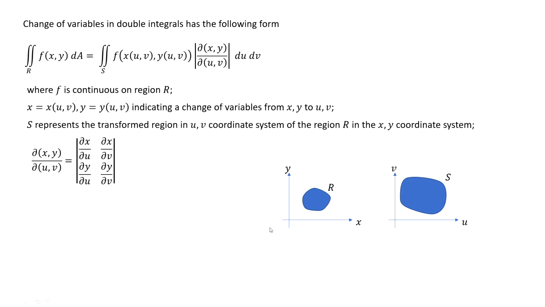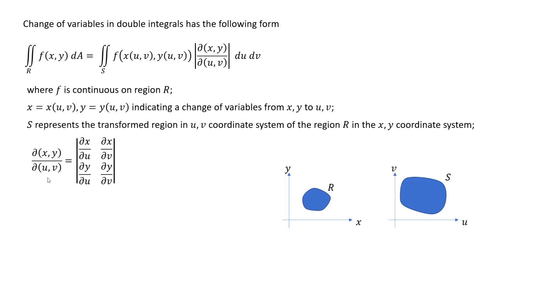Now, this thing is what I need to talk about. This partial (x, y) with respect to (u, v), right? What is that? That is what is called a Jacobian.